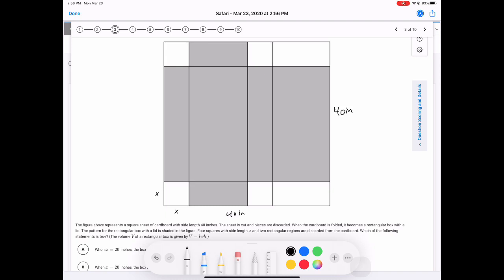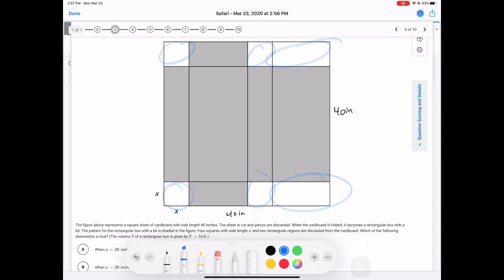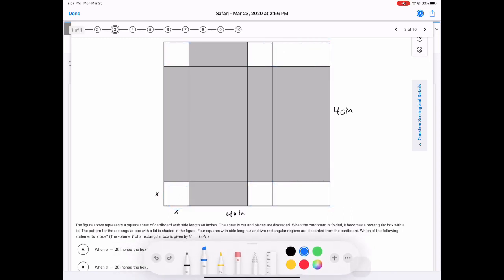Four squares with a side of x and 2 rectangular lengths are discarded from the cardboard. So that's these guys here: 1, 2, 3, 4, and the 2 rectangles. Those are discarded from the cardboard. Which of the following statements is true? Okay, let's see what type of questions they're asking.